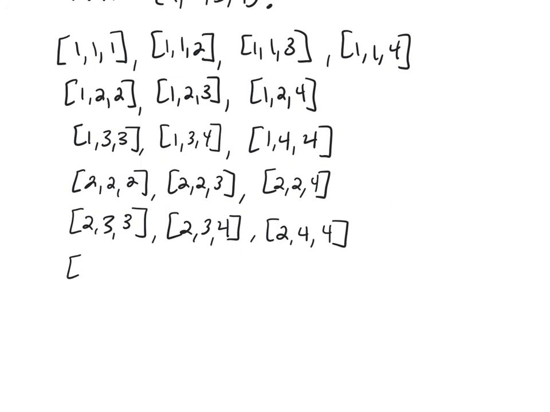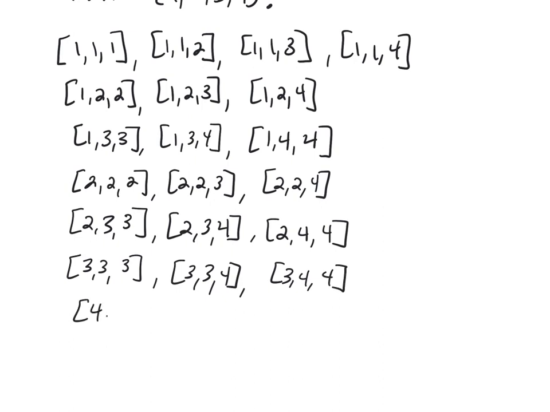So now move on to 3s. If I have 2 3s, then I could have another 3, or I could have 2 3s and a 4. I could have a 3, 4, and a 4, or all 4s. So those are all of the multisets, where, again, order doesn't matter and I'm allowed to repeat numbers from the original set.